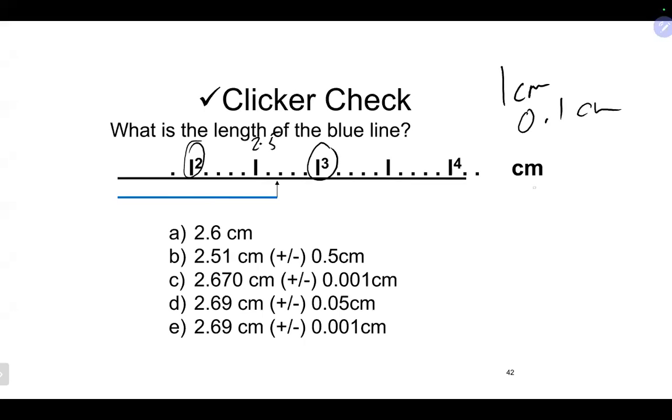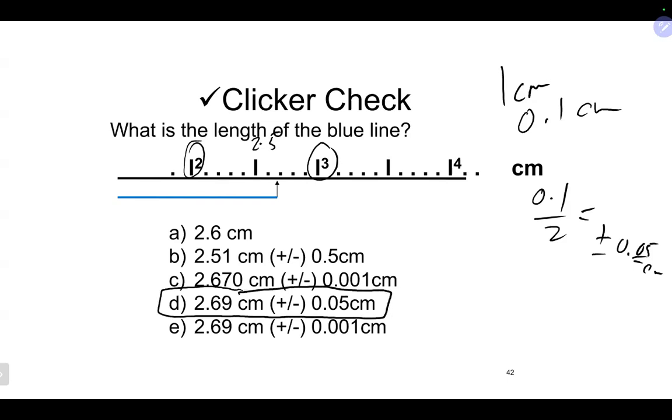And if we think about our precision, we could take it at plus or minus 0.05 centimeters, which basically means we should take this reading to 2 decimal places, right? So I'm thinking we're going to shoot with a 2.69, so it should be something like 2.69 centimeters. And again, our precision there would be plus or minus 0.05.